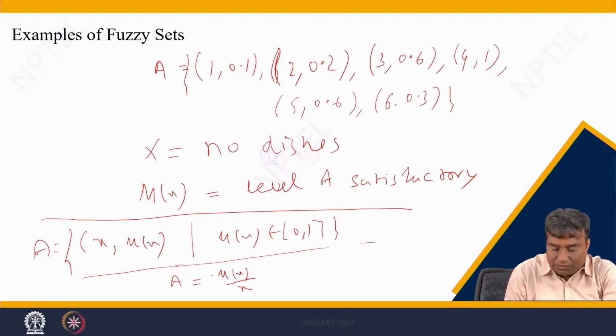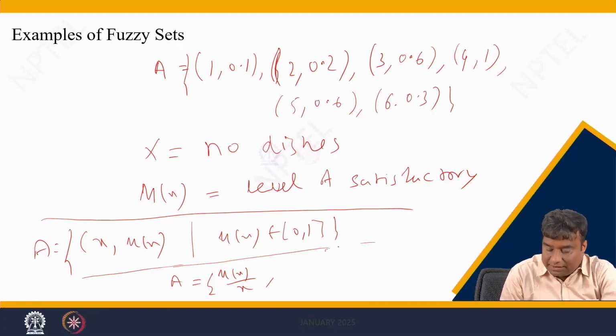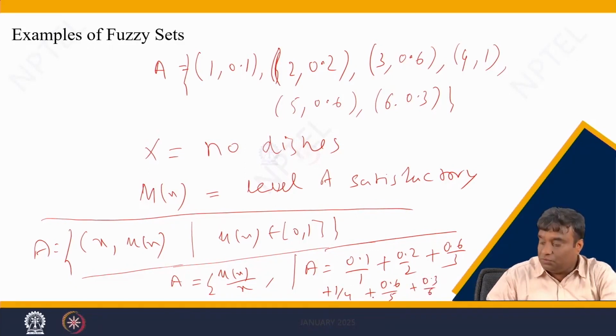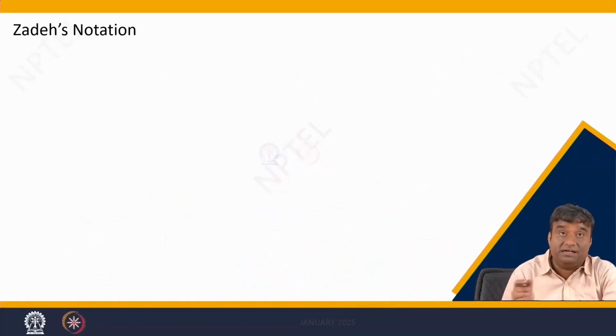For this example, you can write the fuzzy set A as 0.1 by 1 plus 0.2 by 2 plus 0.6 by 3 plus 1 by 4 plus 0.6 by 5 plus 0.3 by 6. This notation is known as the Zadeh notation to represent fuzzy sets.